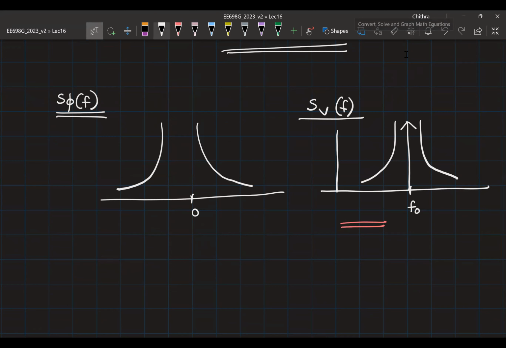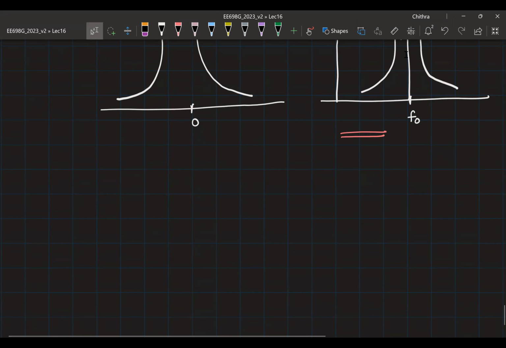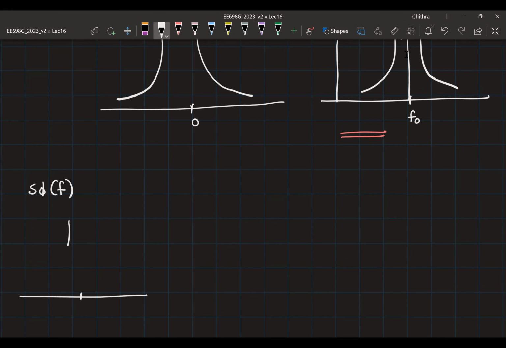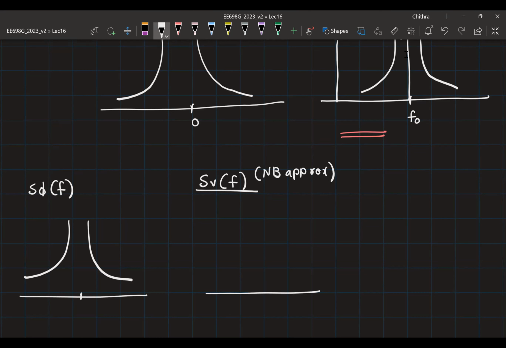So now let me show you the two issues that we are dealing with. S phi of f, we said, should be this, right? Then if we were looking at SV of f, with the narrowband approximation, we are getting the result that there should be an impulse at f0.